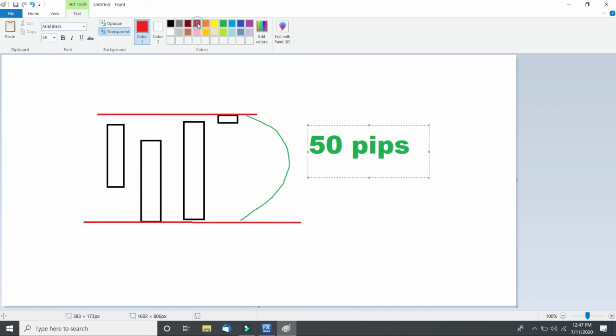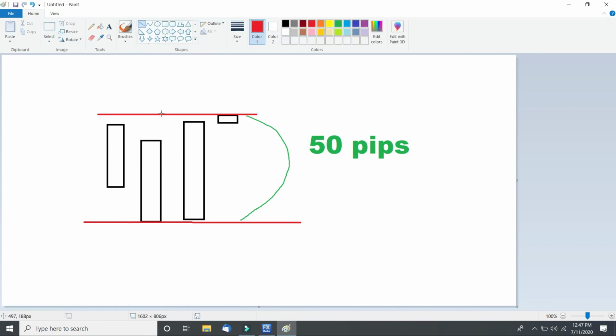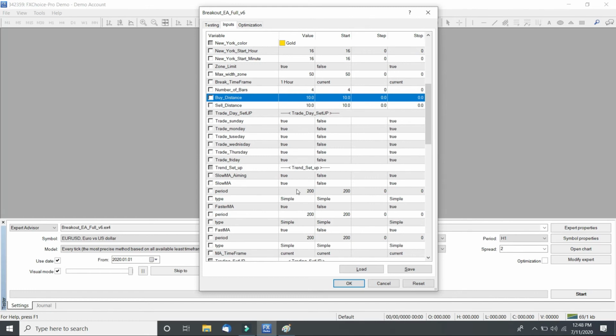What you are saying is, from here, which is the high, how far you want the sell order to be placed. 10 pips from here to here, 5 pips, 3 pips, 2 pips, and same for here. How far away you want it to be from the lowest part for the sell order. The default is 10, and I keep it on that one.